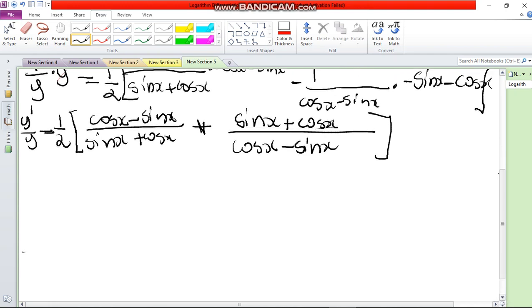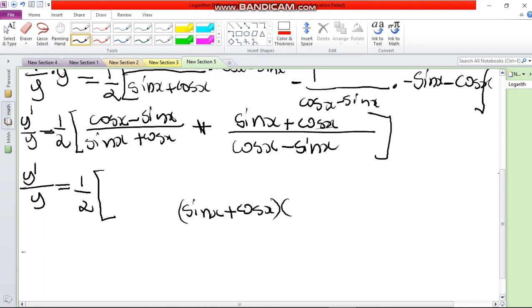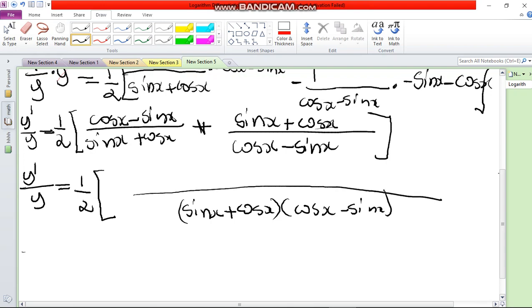Okay, so on the left hand side I still have y prime over y, which is 1 over 2. So let me take sin x plus cos x minus sin x. Now let's multiply. If I take this denominator and multiply it on this term, sin x plus cos x will cancel each other.